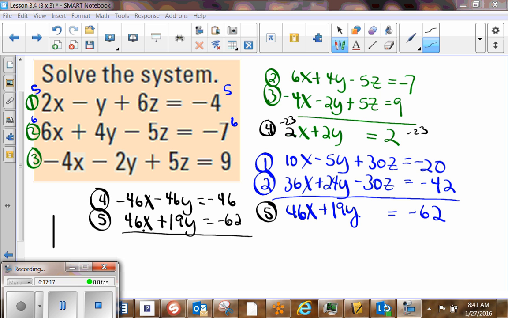Let's cancel. Help me do this math. What's 46 minus 19? Okay, 27y equals, I need to add those together, and that'll be negative 108. And now divide both sides by negative 27. So, my y is 4.